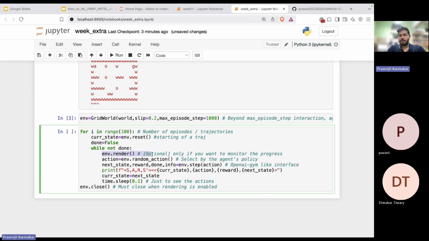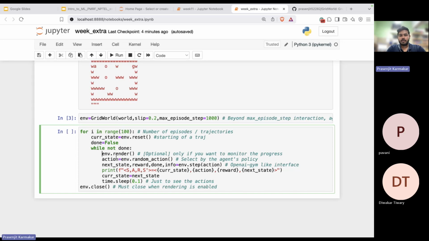Whenever you're playing it thousands of times, it is better to not render it, so just comment it out. But for testing purposes, if you want to see how the agent is doing, you can keep render for some amount of time, or render at some frequency, say after 10,000 rounds, render the emergent policy.